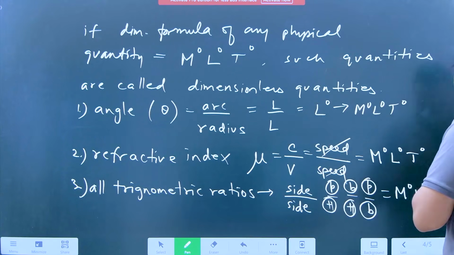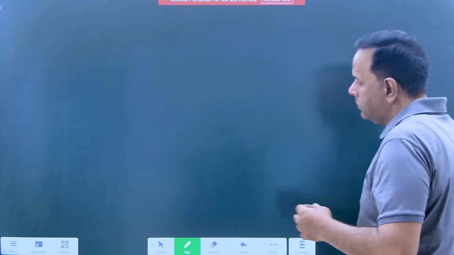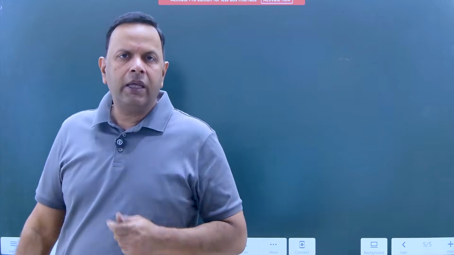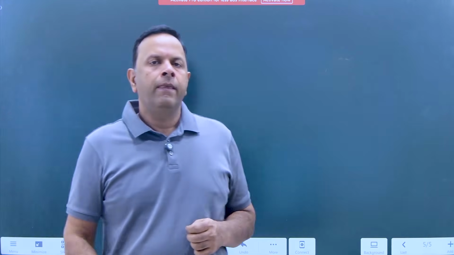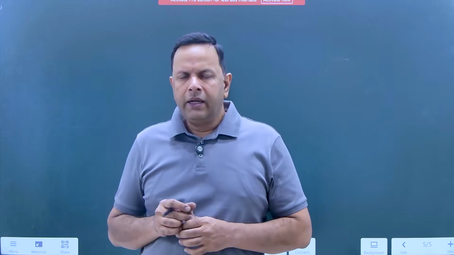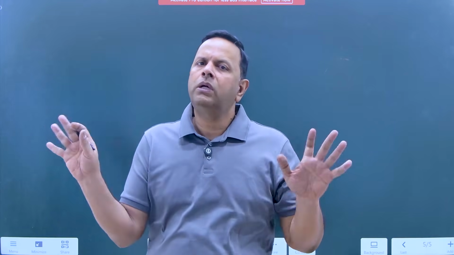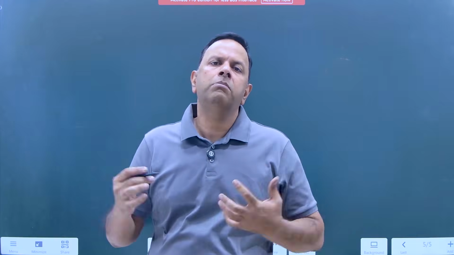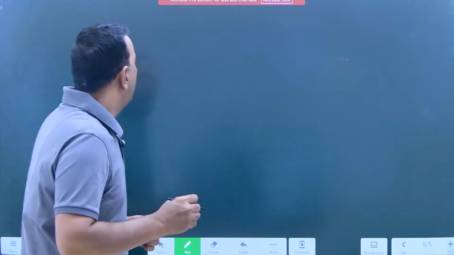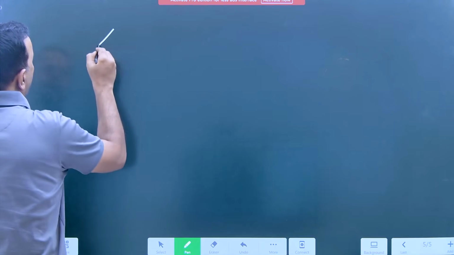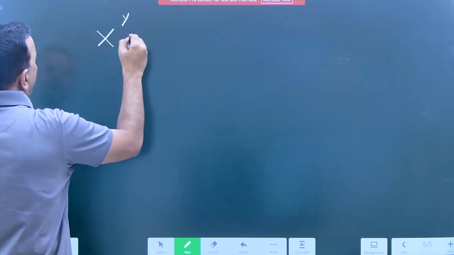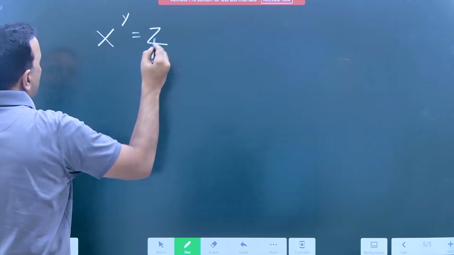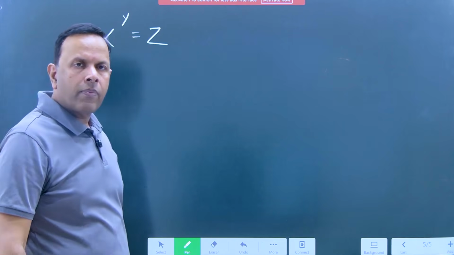Now, one more thing, but I'll give it to you as a question. Suppose I write an equation, but I don't tell you what the symbols represent. x raised to y is equal to z.